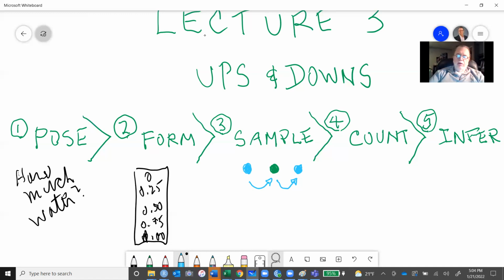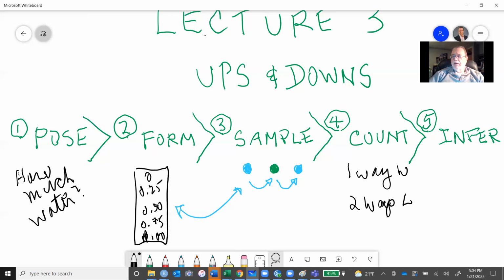We took the sample and the hypotheses and counted the ways. So for hypothesis 2, okay, there was 1 way for water and 2 ways for land.